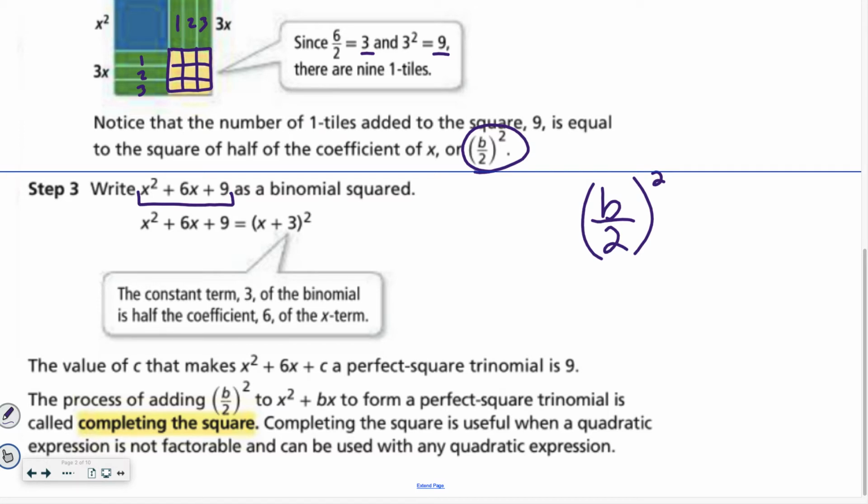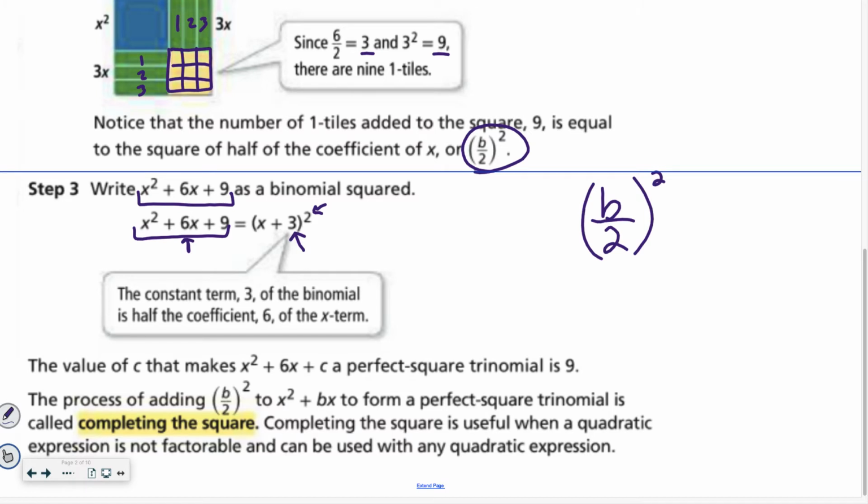The way that you do that is x squared plus 6x plus 9 becomes x plus whatever that middle term is, in this case 6, cut in half, and then the squared goes on the outside. So this number right here is half of your middle term. And then you put parentheses and put a square.